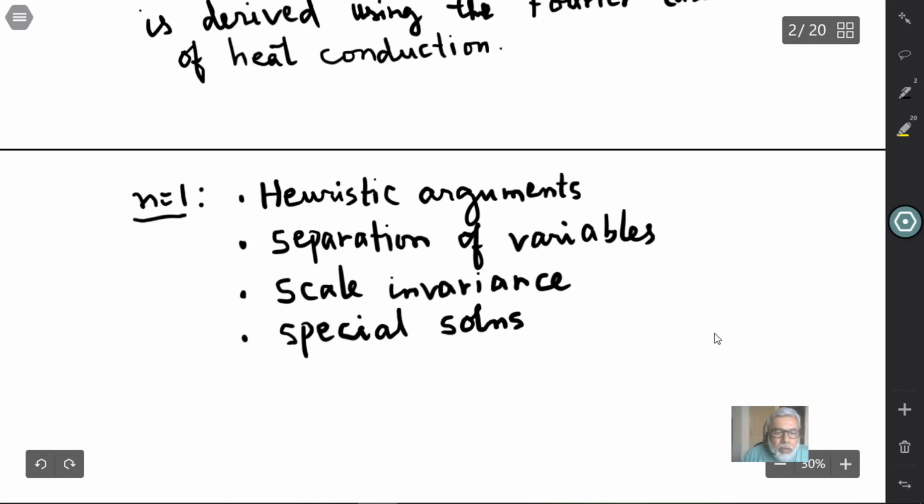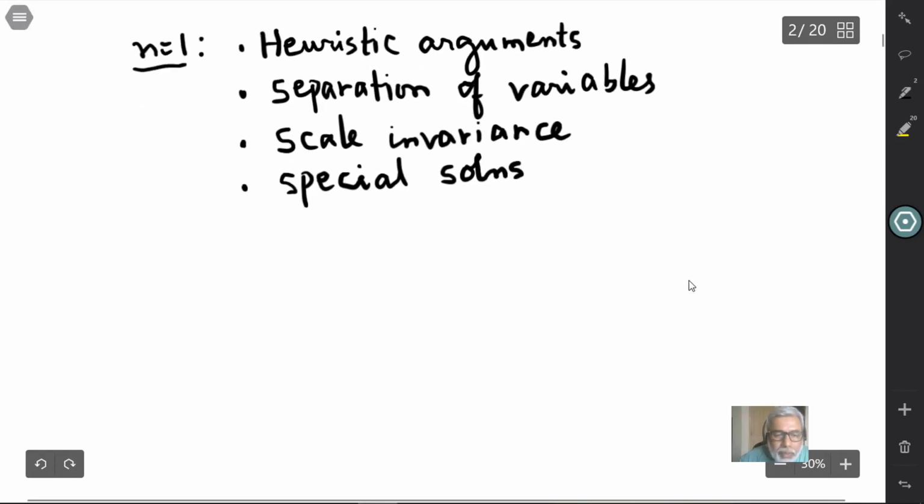So by doing all these things, for n equal to 1, first of all, we obtained the fundamental solution.